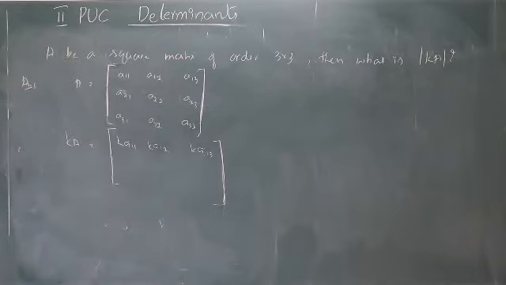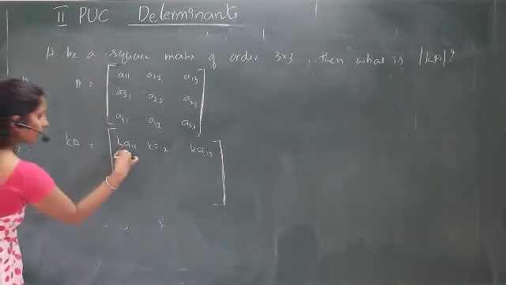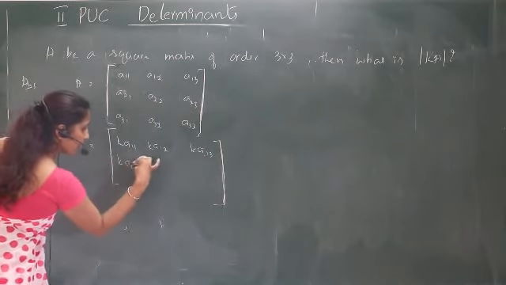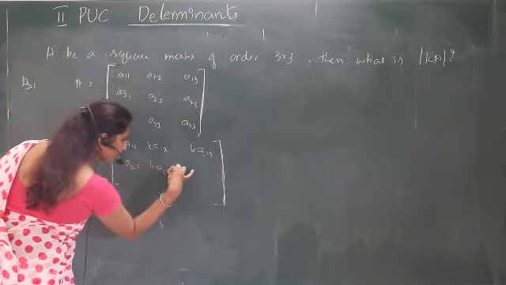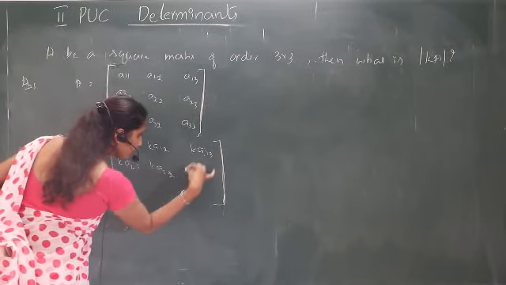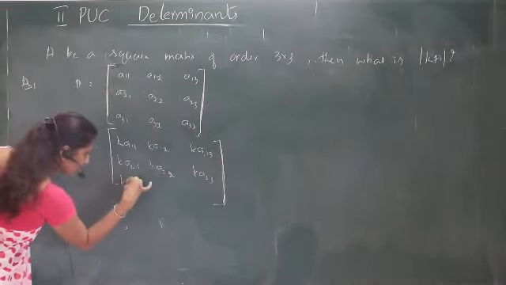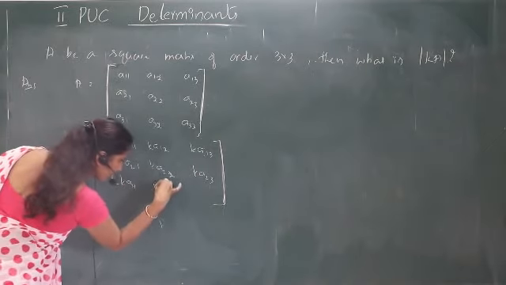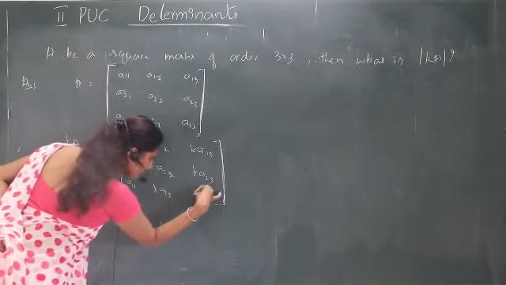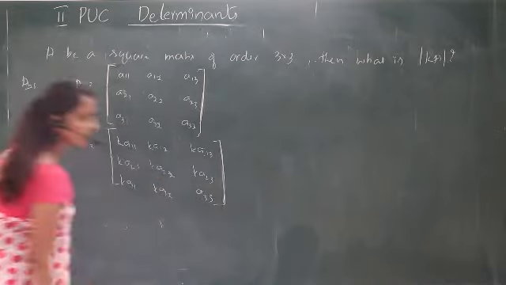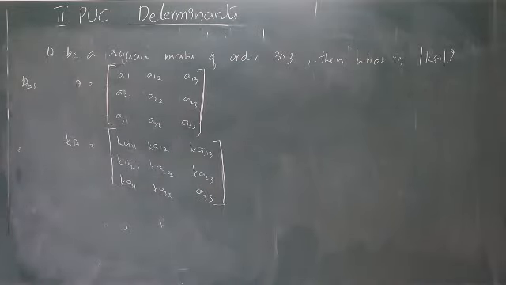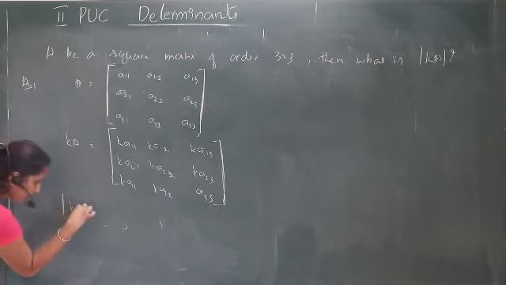So k into A means each element is multiplied by k. So k into A21, k into A22, k into A23, k into A31, k into A32, k into A33. Now we have to find the determinant of that. So determinant of kA.